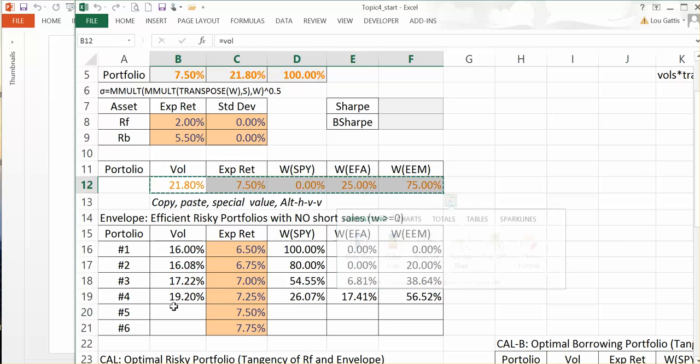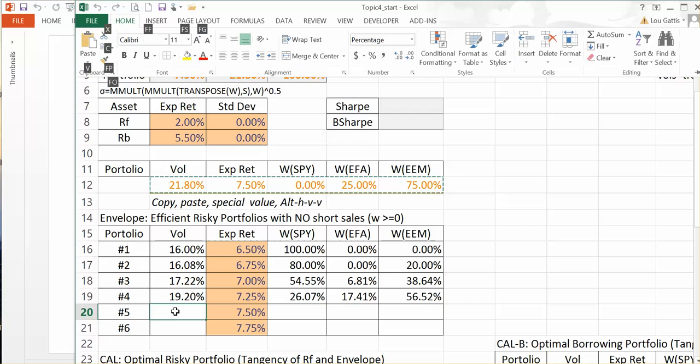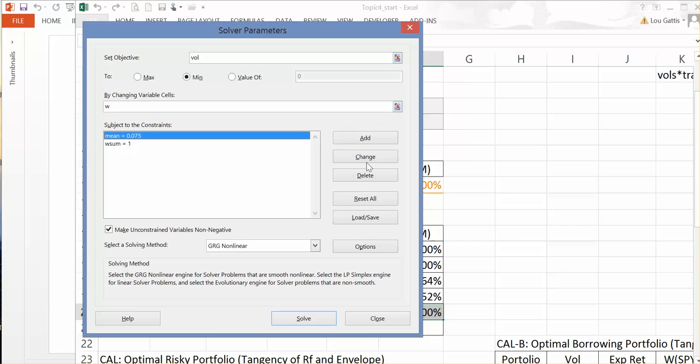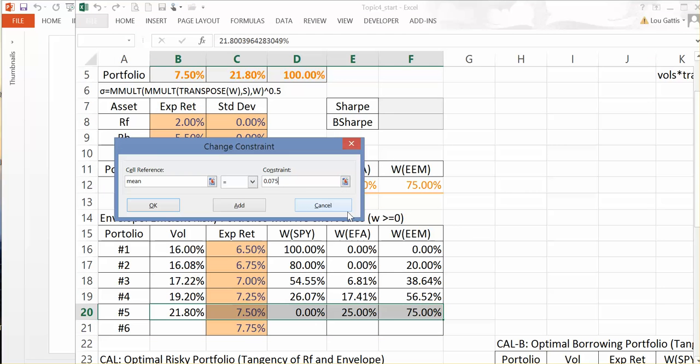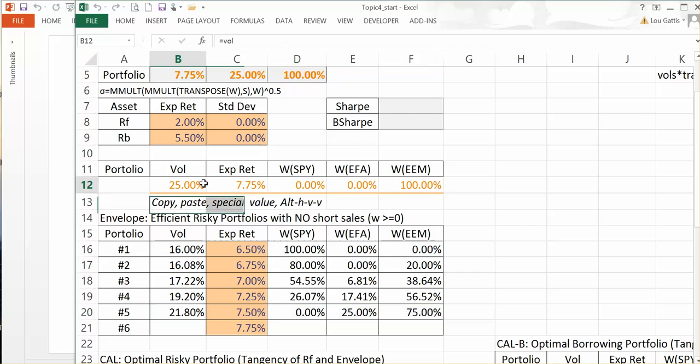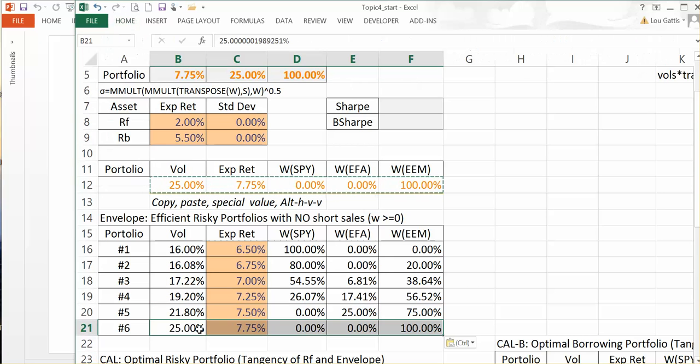That's the best 7.50. Alt HVV. And the last one. Copy, Alt HVV, paste special values.